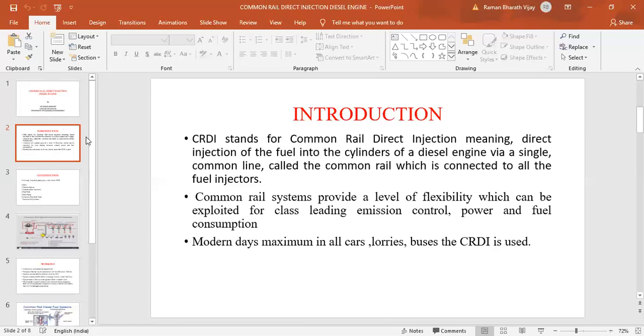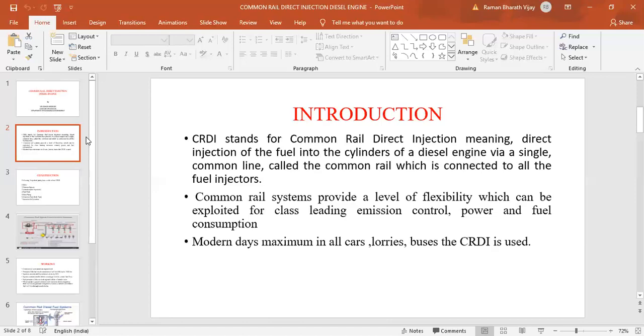In modern days, in every car, every bus, and every lorry you can see CRDI. So why is it called CRDI? Because of its common line.